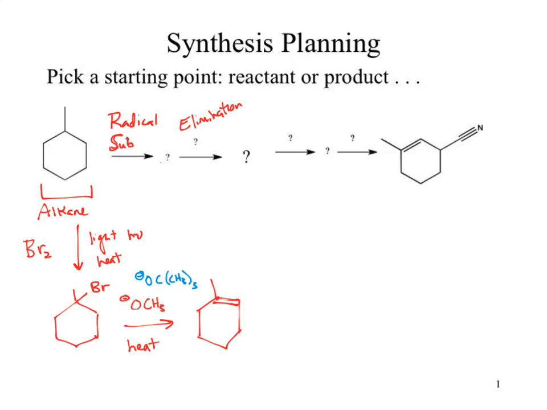So what you've got to do is step-wise through, pick something to work with. Once you've got that something, start to adjust it. Can we make a change to it? That blue version is so sterically hindered that we would get the elimination happening upwards. And that's not what we want in our final answer. So that doesn't make sense. Now what do we do?